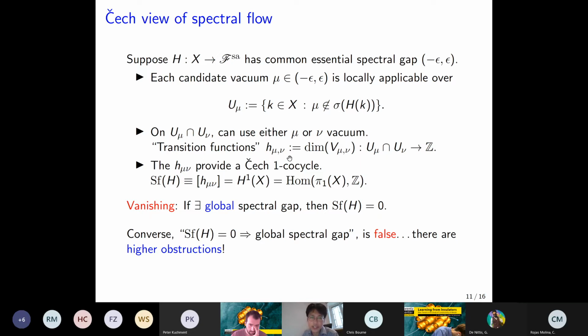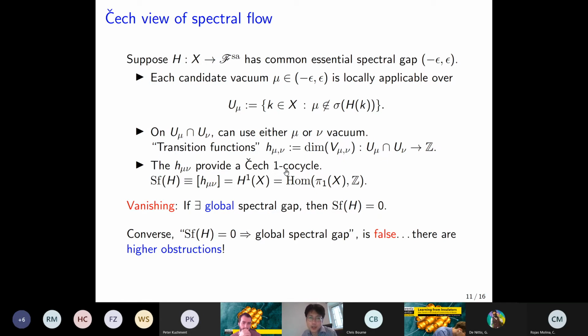And then you have this transition function, which captures the dimension of the eigenspace which lies between energy levels mu and nu. So on all the double intersections, you have an integer-valued transition function between these vacuum levels.